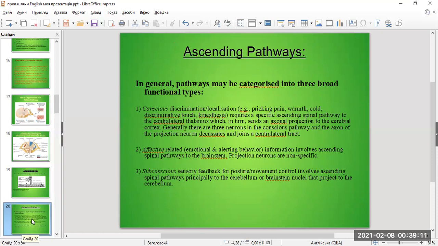First type, conscious discrimination or localization: pricking pain, warmth, cold, discriminative touch, kinesthesia.